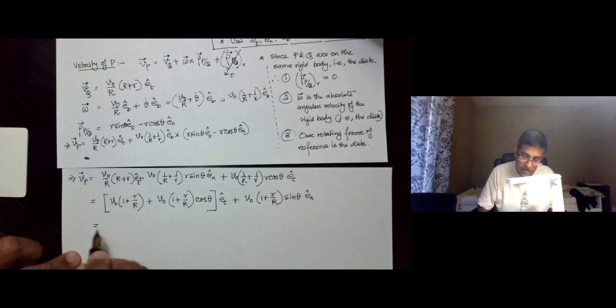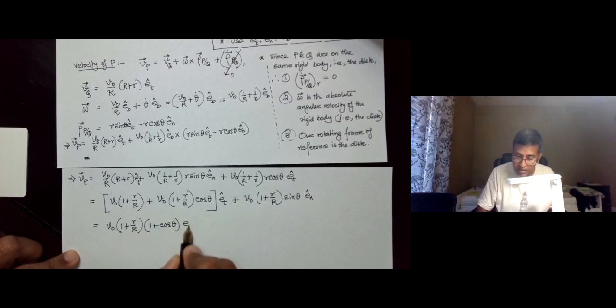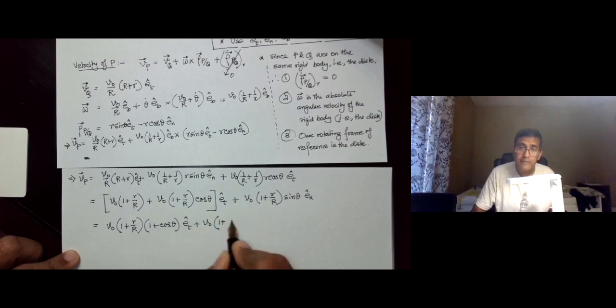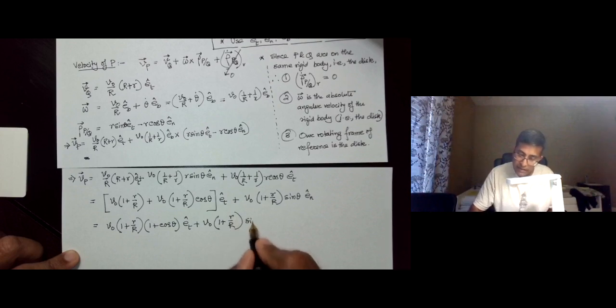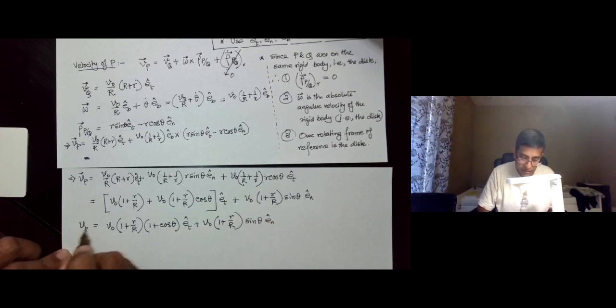So this is V0 times 1 plus small r over capital R times 1 plus cosine theta Et, plus V0 times 1 plus small r over capital R sine theta En. So that's our velocity Vp.